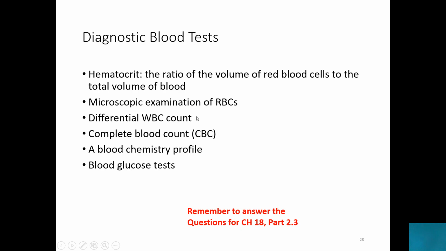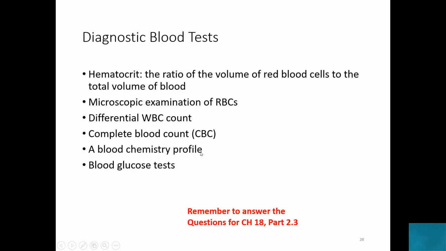Differential white blood cell count will show you the amount of each of the white blood cell types, and if some of them are higher or lower than normal, like the normal percentage of eosinophils would be 2-4%. If it's much higher than that, it may mean that the patient is having an allergic reaction. Complete blood count is both about red blood cells and white blood cells counting.